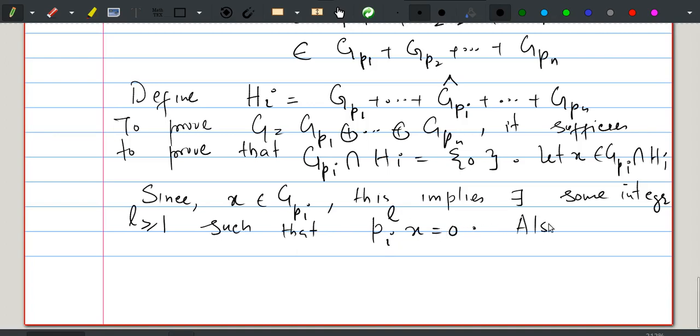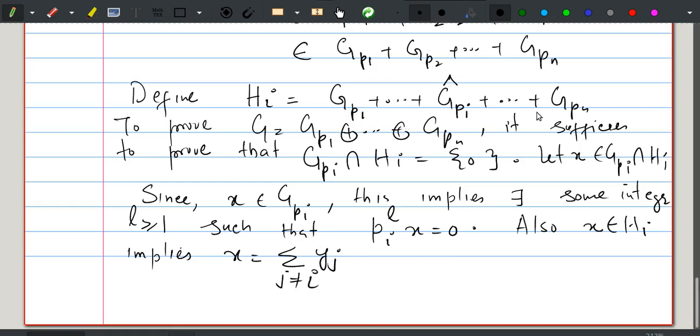Also x belongs to hi, so x can be expressed as a sum of elements of these primary components except this pi. So x is the sum of these yj's, where j is not equal to i, because in this expression the i-th component is removed.